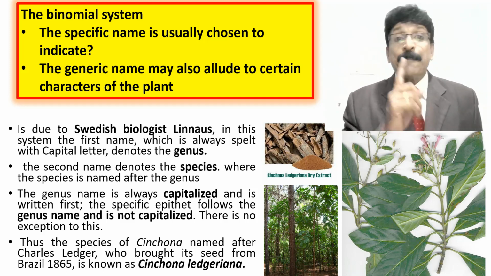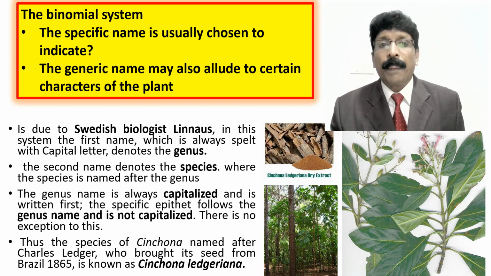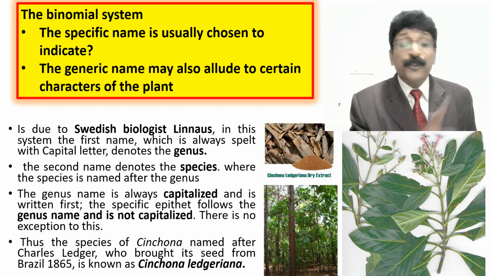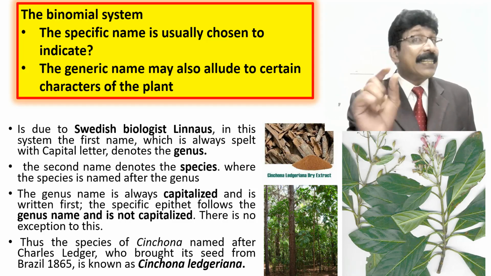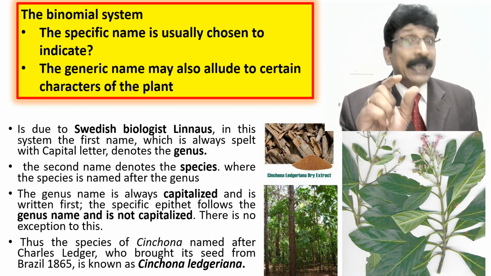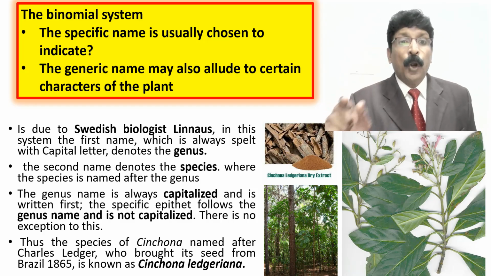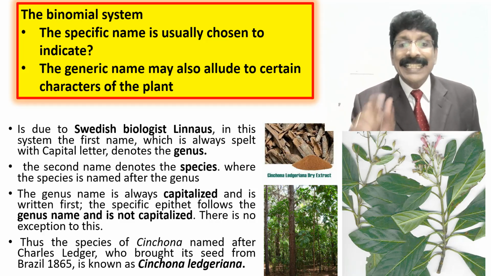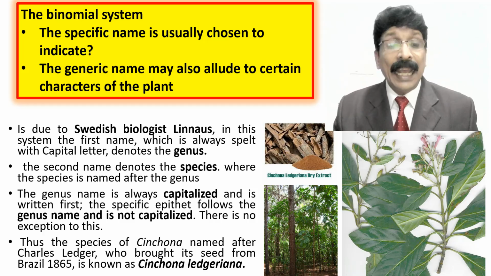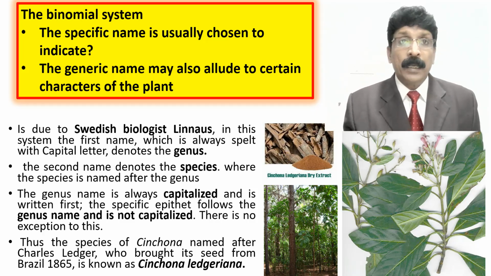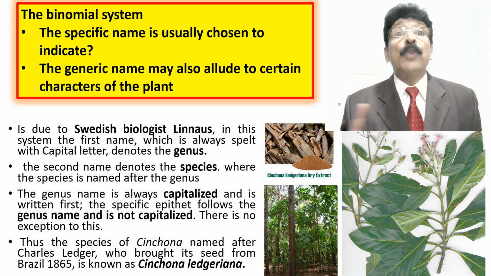Thus, the species of Cinchona named after Charles Ledger is an identifier. His name gives Ledgeriana, who brought its seeds from Brazil in 1865 and made it cultivate in other places.